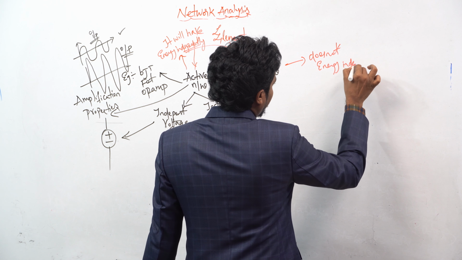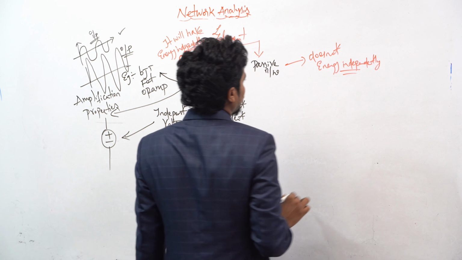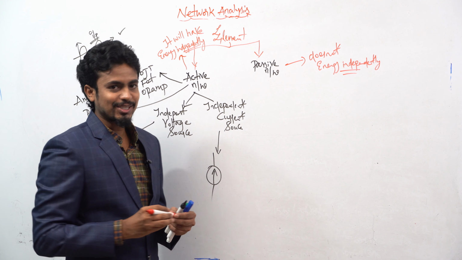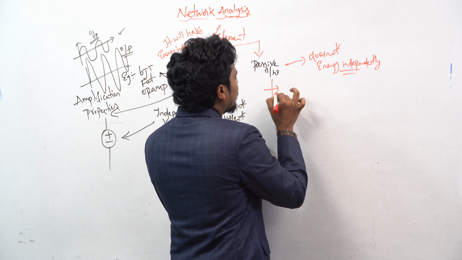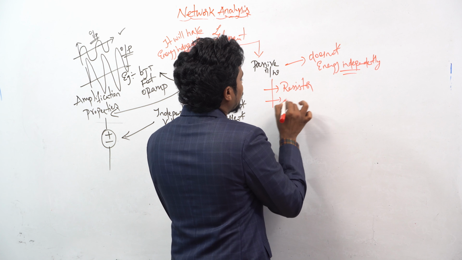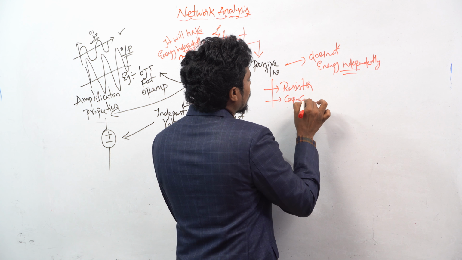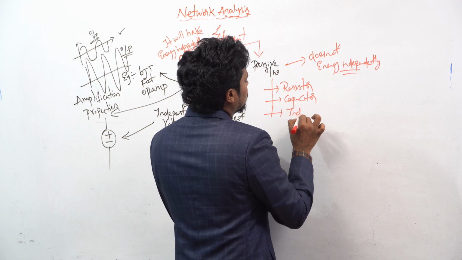The best examples for the passive network are the resistor, the capacitor, and the inductor.